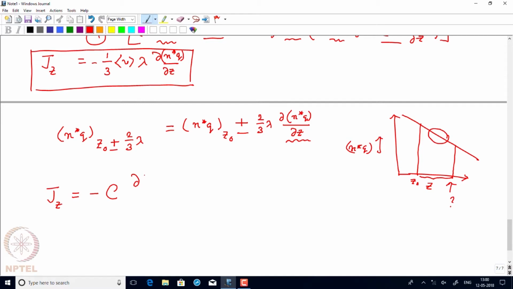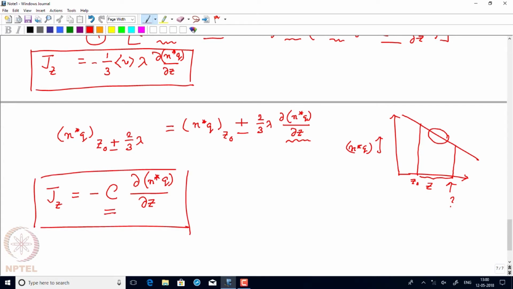In Poiseuille's equation it was the gradient of pressure, which we wrote as del P del Z. In this case we can write it like this: the gradient of that particular quantity along the z axis. Now we see something very interesting. If we compare these two equations, we can get an expression for this constant, which is nothing but 1/3 V average times the mean free path.